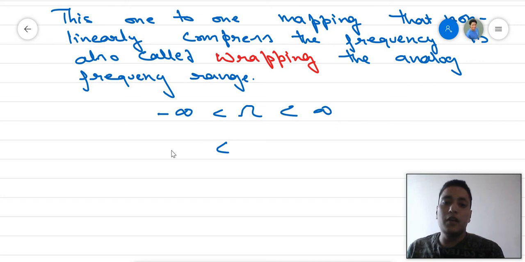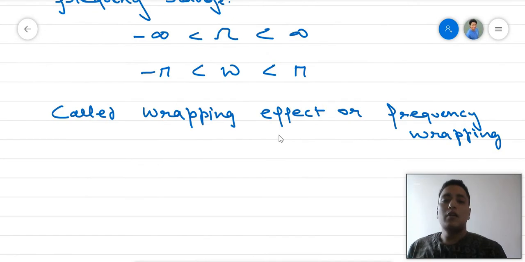For minus infinity, the digital frequency will be minus pi, and for infinity, the value of omega will be pi. So the digital frequency range from minus pi to pi is mapped completely with minus infinity to infinity in the analog frequency range. This compression of frequencies, mapping minus infinity to minus pi and infinity to pi, is called the warping effect or frequency warping.